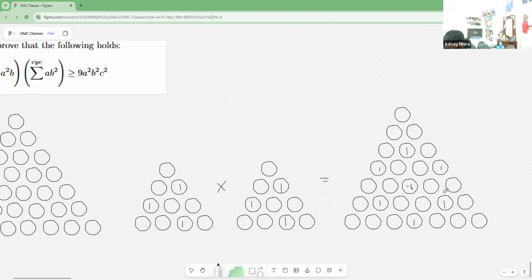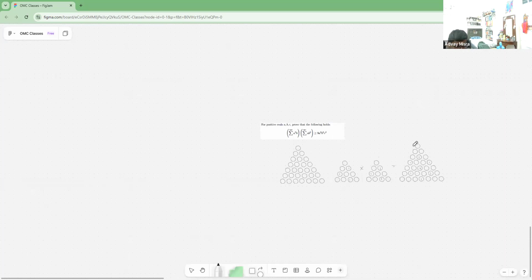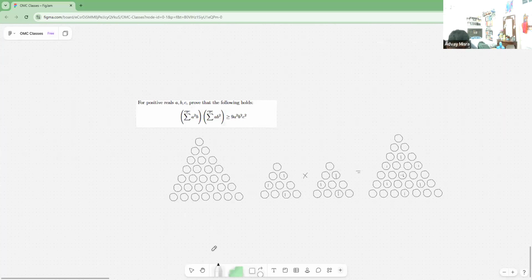Remember these 6 points, and in the center is a -6. So yeah, this was a pretty nice simple problem.